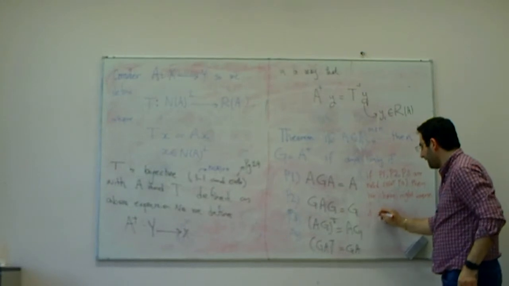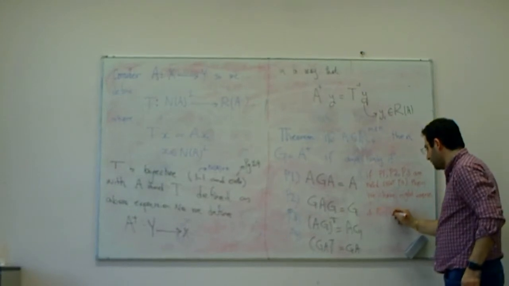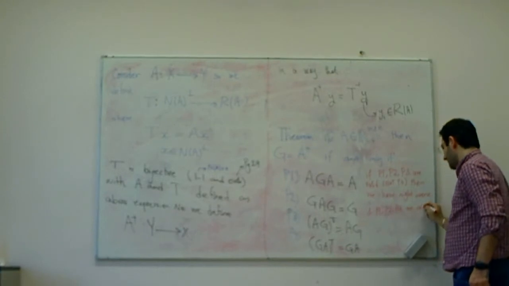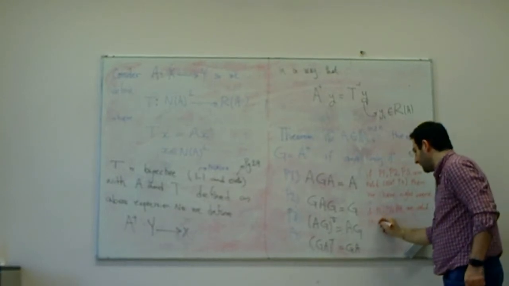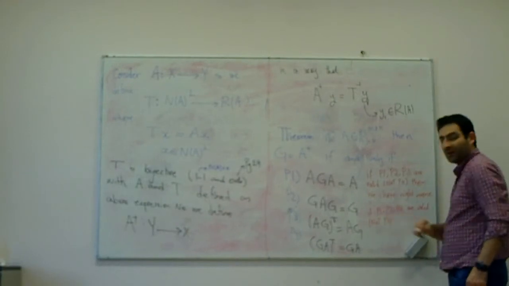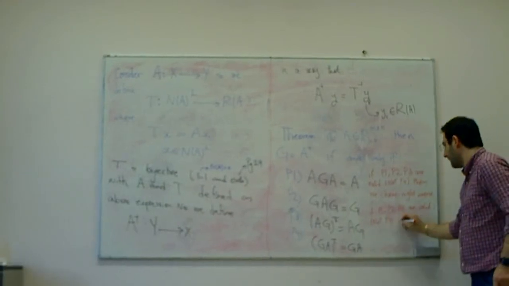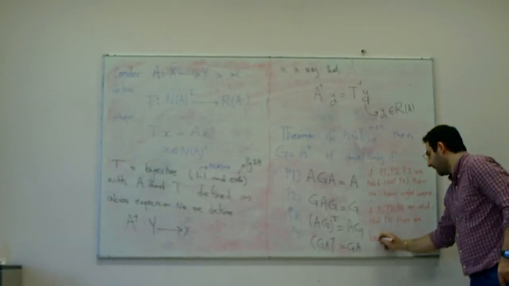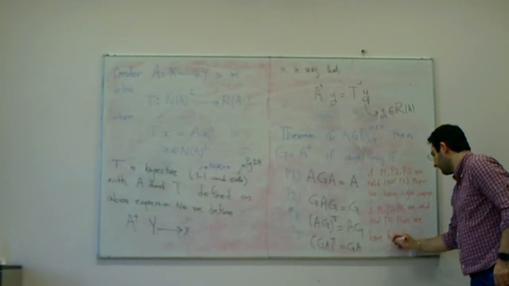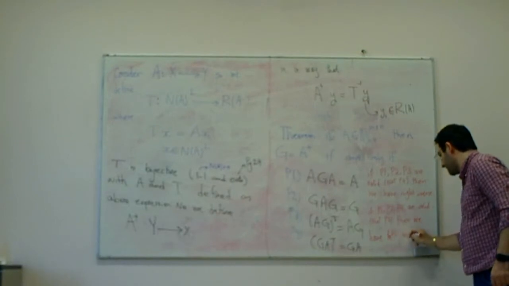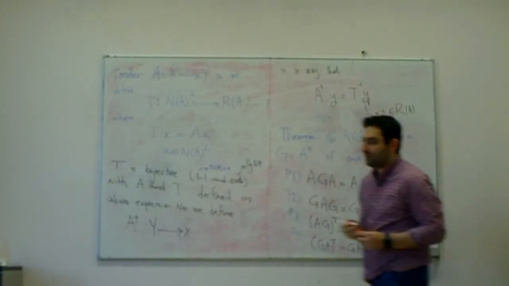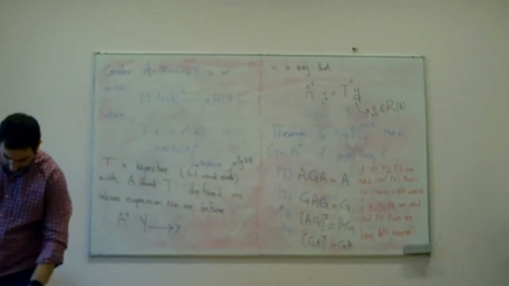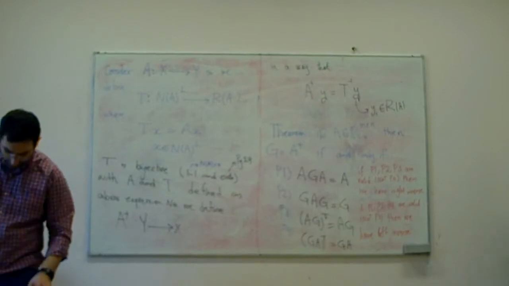And if P1, P2, P4 are valid, but P3 is not valid, then guess what do we have? We have a left inverse. You may remember that we talked about right and left inverse in the previous class.